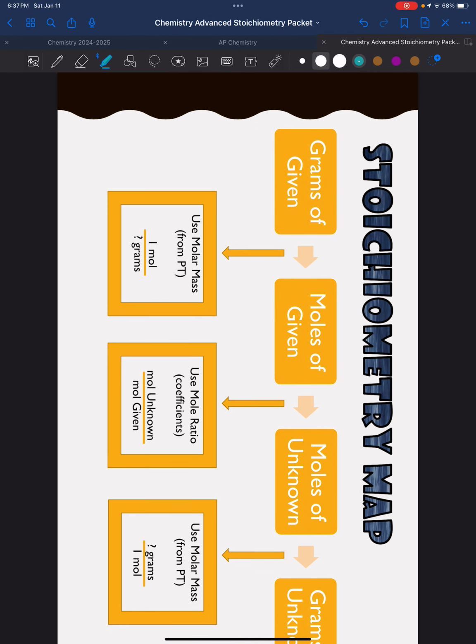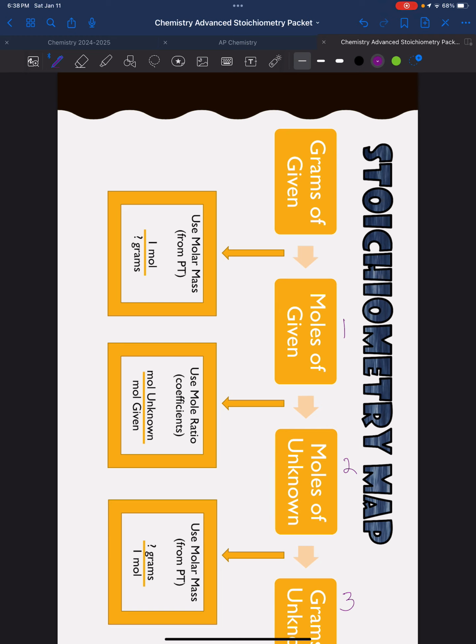stoichiometry map. Okay, so if you start here at grams of given and you go to moles, that's 1, 2, 3 boxes, just like I showed you a second ago. If you're starting with moles and going to grams, that's 1, 2, 3 boxes.